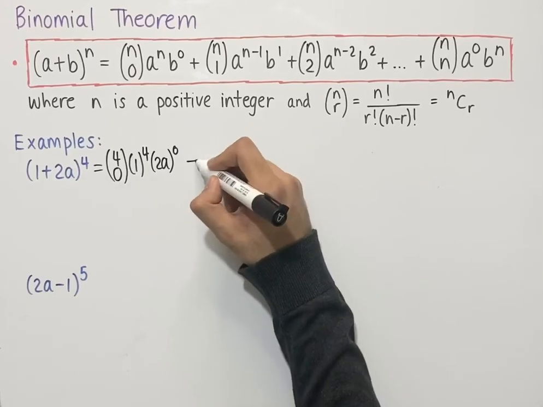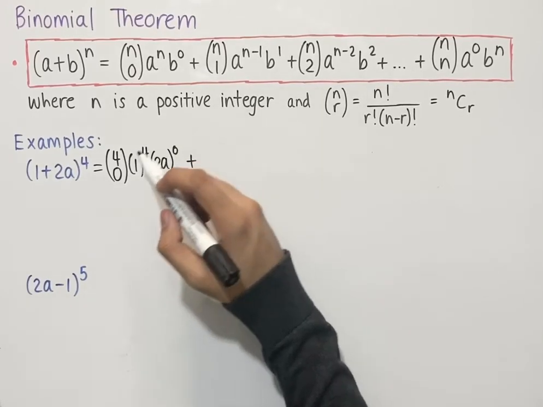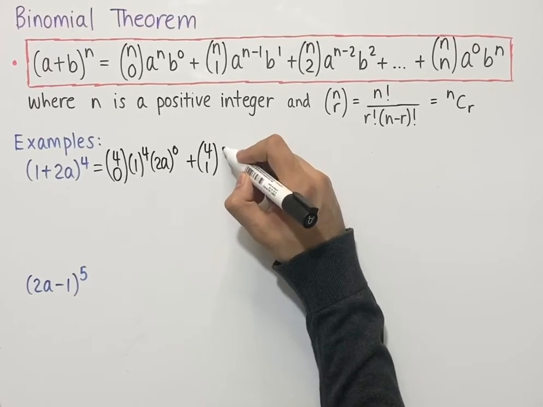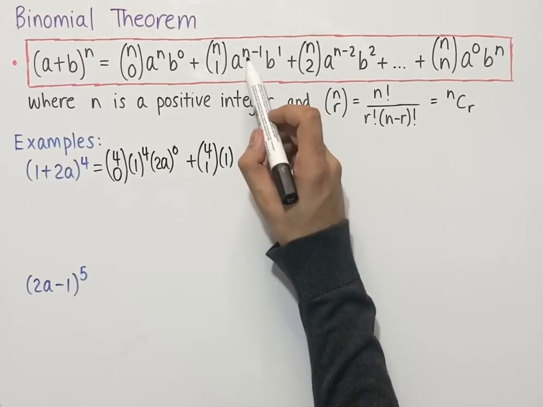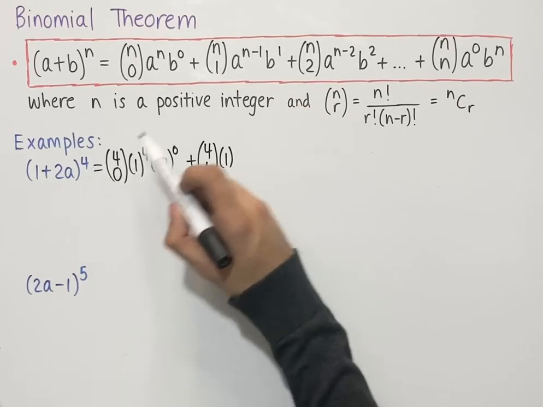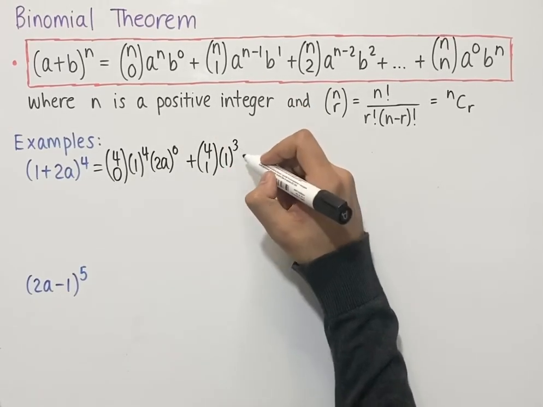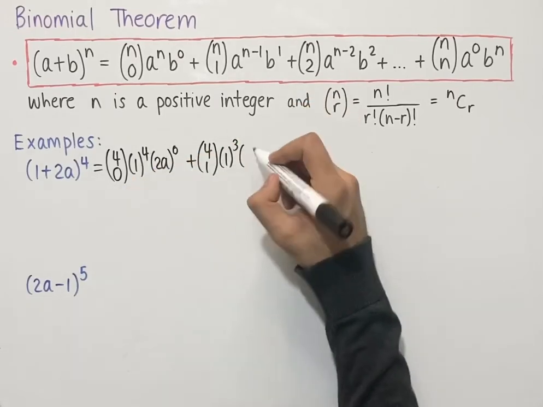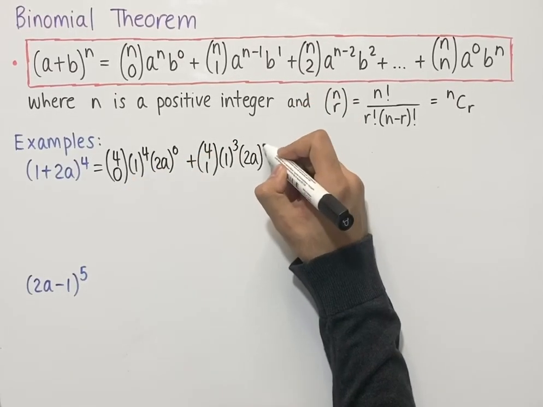Then for the second term, we have n choose 1, so in this case 4 choose 1, multiplied by 1 to the power of n minus 1, so 4 minus 1 is equal to 3, multiplied by b to the power of 1, so our b is 2a, and we raise this to the power of 1.